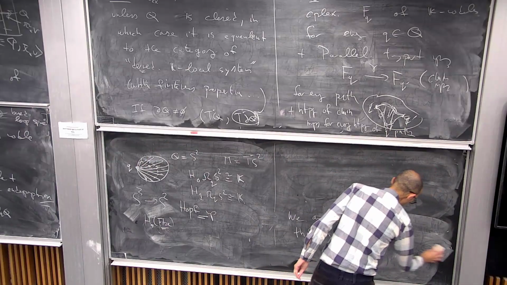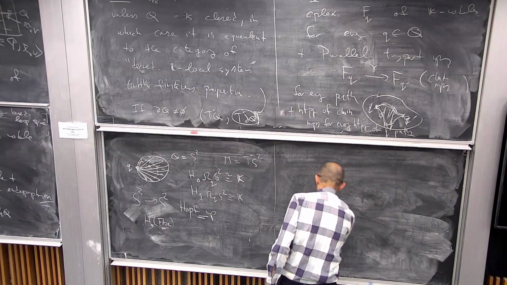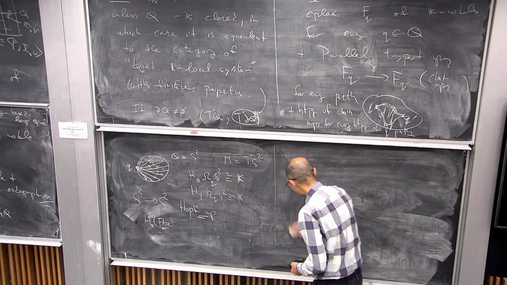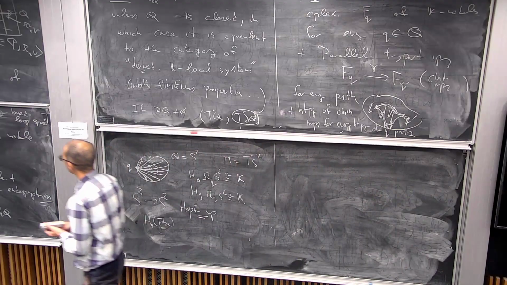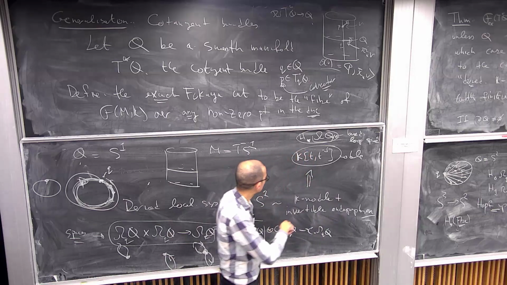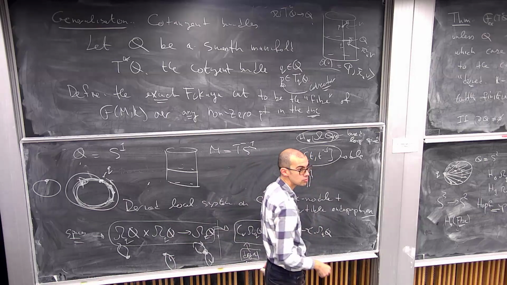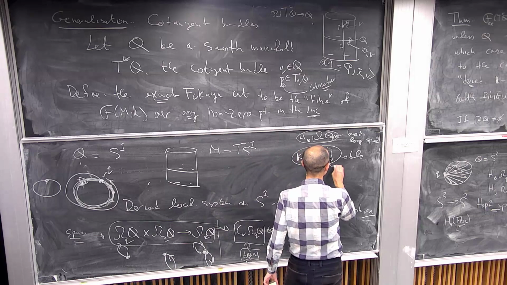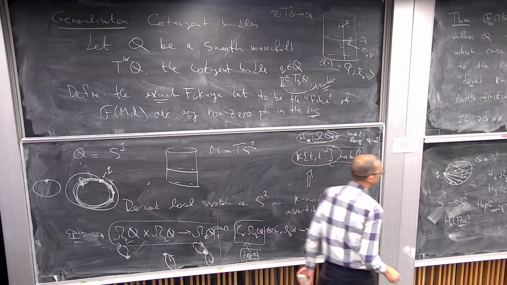And I just want to say, it's very important for the purpose of mirror symmetry that this example generalizes. So the KTT inverse module is basically the category for mirror symmetry.